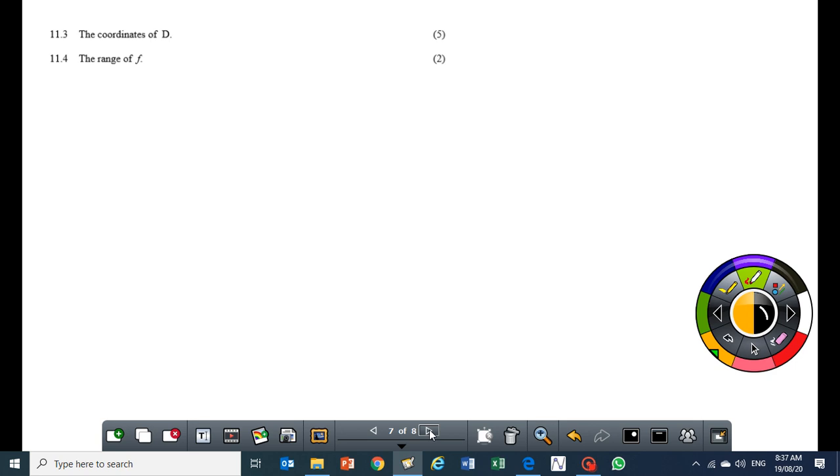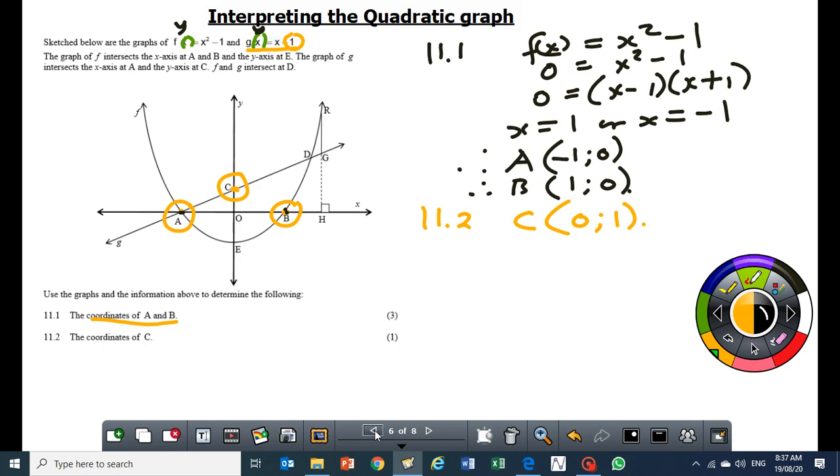The coordinates of D. Right? Now the coordinates of D is referring to this point. That's the point there. Okay? Now point D is a point such that the two functions intersect at that point.